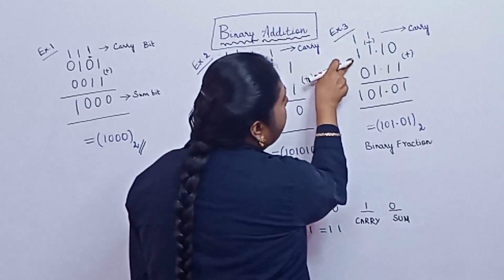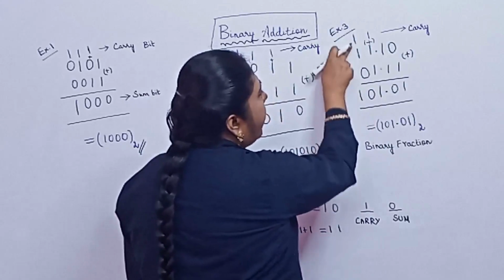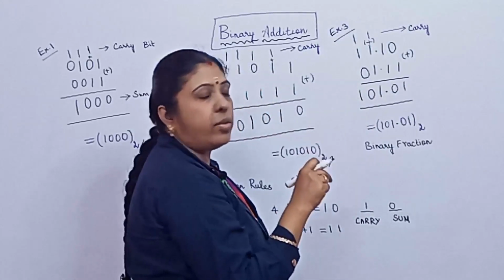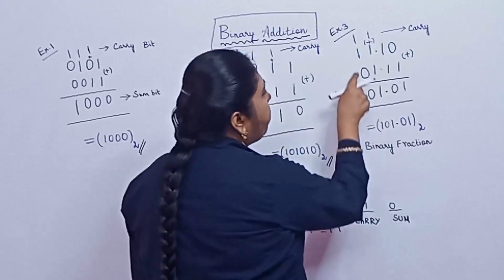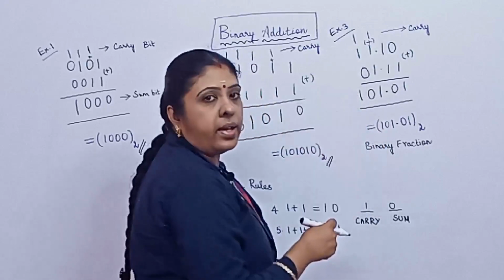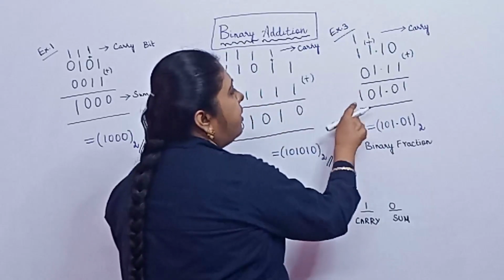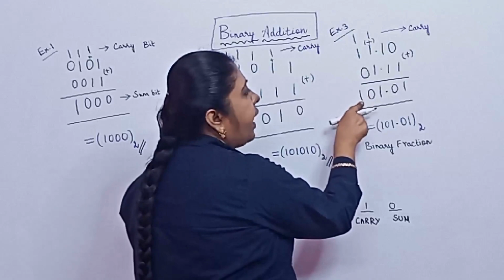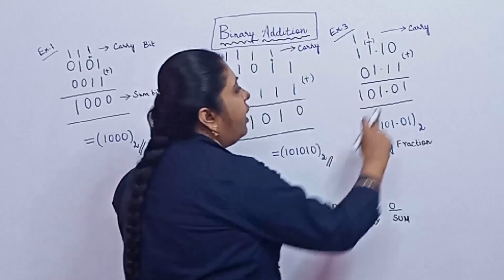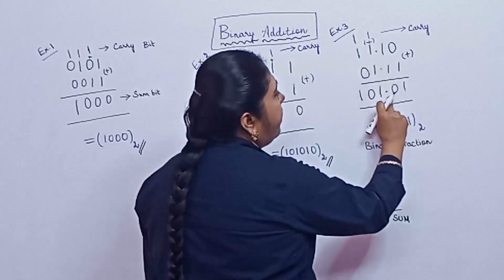Now 1 plus 1 plus 0. The addition value in integer terms is 2, and its binary value is 1 0. So 0 is written here. Since it is the last digit, the carry bit is also written here. The decimal point is placed as it is.